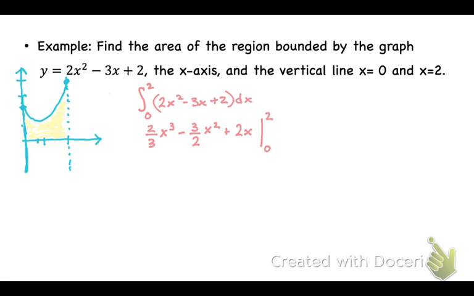I got 2/3 x cubed minus 3/2 x squared plus 2x. Remember, you don't have to put the constant there.